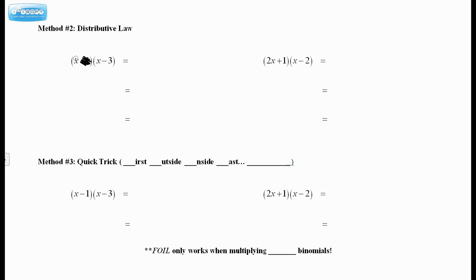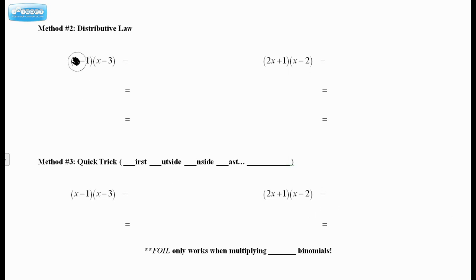Now, you would normally have no trouble multiplying this x by that x, and then this x by that negative 3 using the old-fashioned distributive law. No problem. Well, then what you do is you would uncover this negative 1, and then cover up the x. And then we do the same thing again. We multiply the negative 1 by each item.